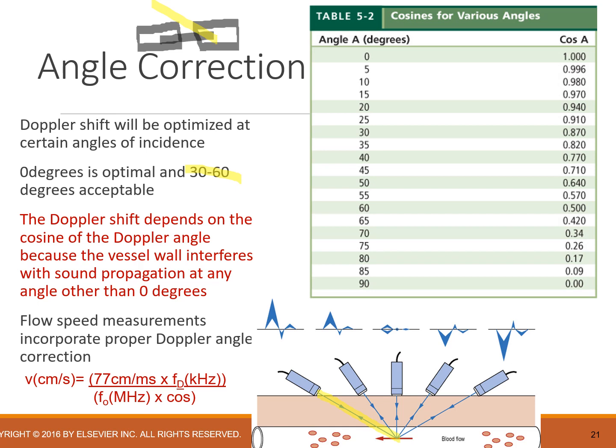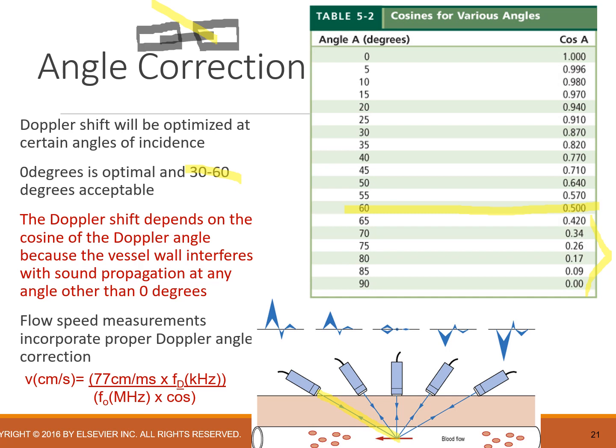Now, if you look at our cosines for various angles, at 60 we're at about a cosine of 0.5. After that, our cosines get very inaccurate, and so we're not allowed to use a Doppler angle greater than 60.